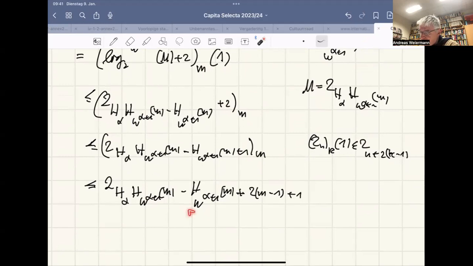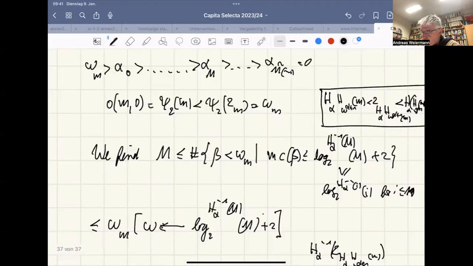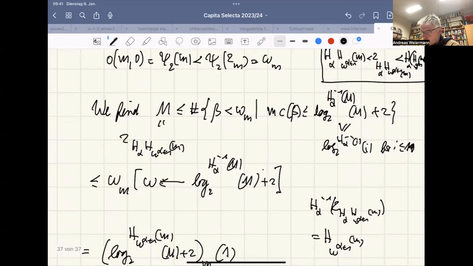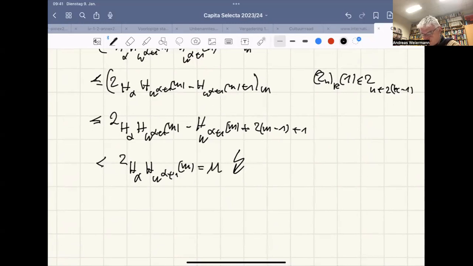Namely, this term here is much bigger than this term. So this is strictly smaller than 2 index h alpha of h omega to the alpha plus 1 of m. And this leads to a contradiction because this number here is equal to 2 index h alpha h omega to the alpha plus 1 of m. So m is strictly smaller than m. So this is impossible.